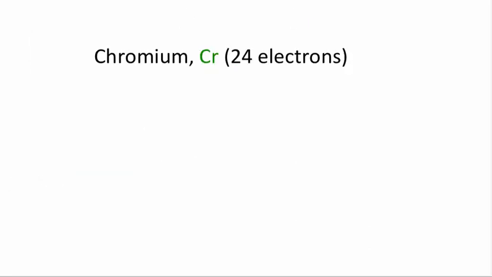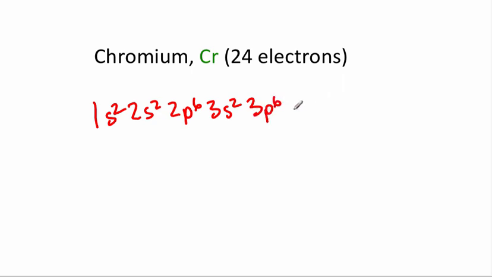So we know that electrons are going to repel one another, and that's really the focus of how we can explain the exception of chromium, which again, not really an exception. Okay? If we were to write out chromium's configuration, 1s2, 2s2, 2p6, 3s2, 3p6, 4s2, 3d4.